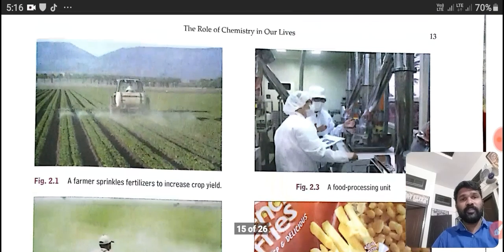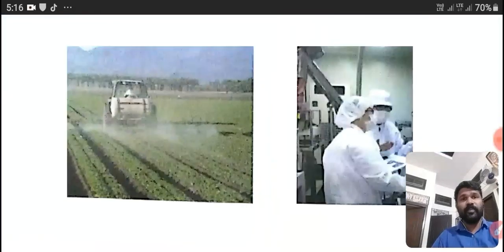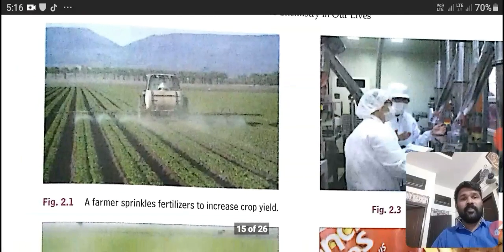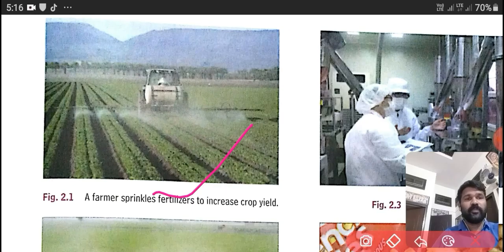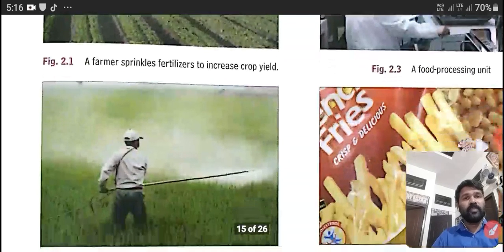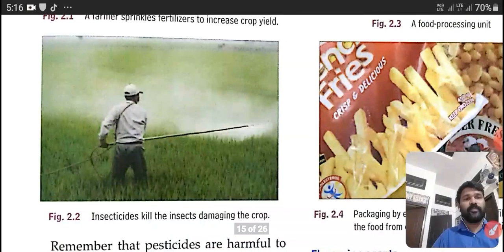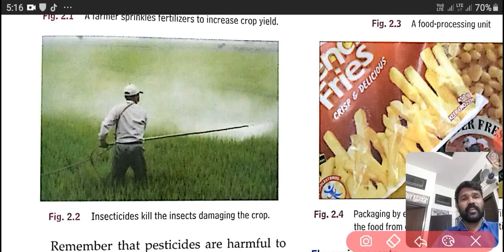See here, first diagram: a farmer sprinkles fertilizers to increase crop yield. Figure 2.1. Now we can move to figure 2.2. Insecticides kill the insects damaging the crop.